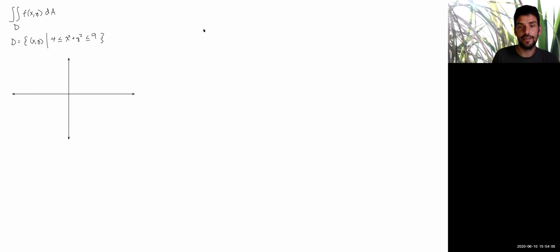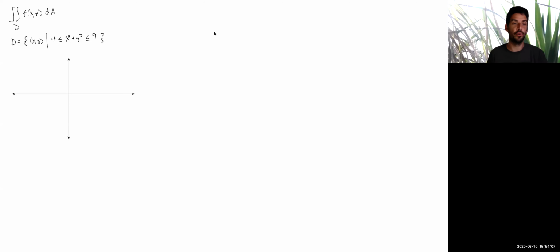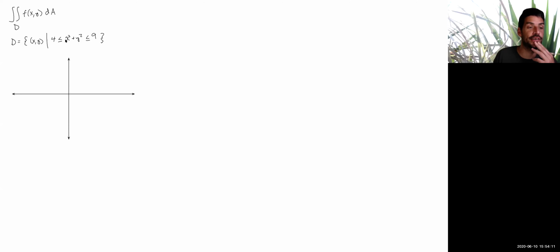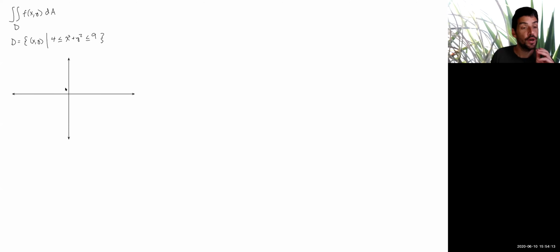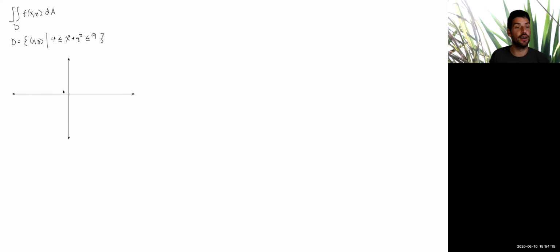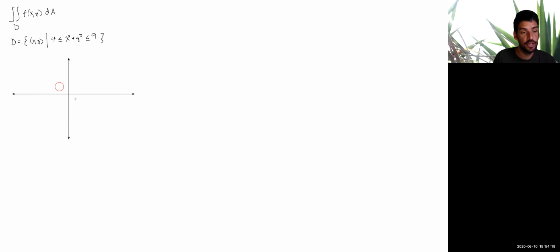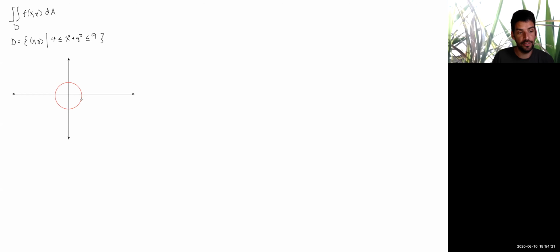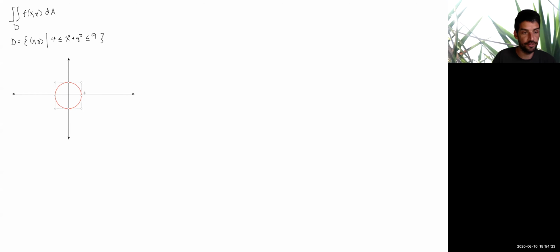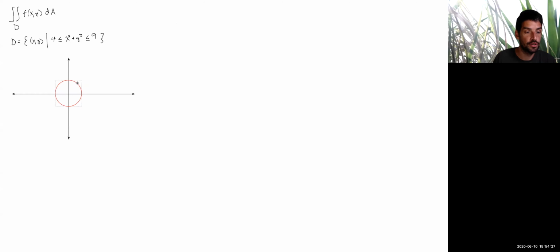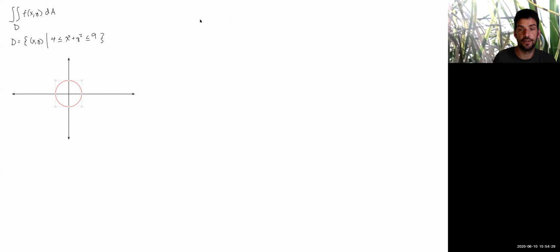What are the points where x squared plus y squared is greater than or equal to 4 and less than or equal to 9? Well, if we think of the points where x squared plus y squared is greater than 4, that's going to be all the points outside of a circle with radius 4. Sorry, radius 2. So let that be that circle.